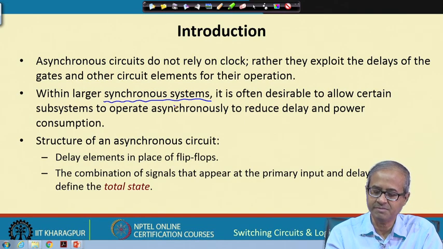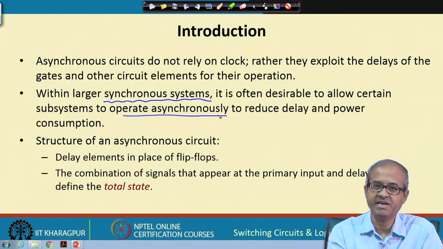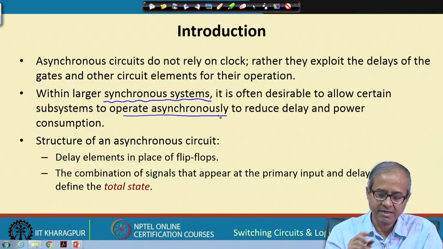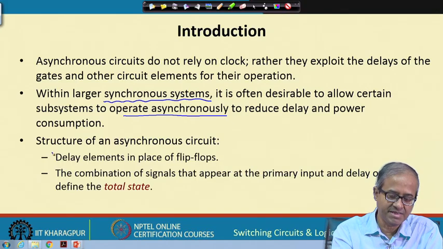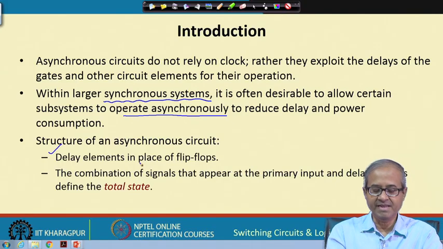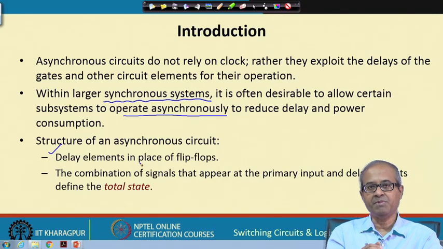So, if we have a large system like this, certain smaller subsystems can be made to operate asynchronously. And if you look at the general structure of an asynchronous circuit, there are two differences you will find in general. There are delay elements in place of the flip flops. We will come to this.